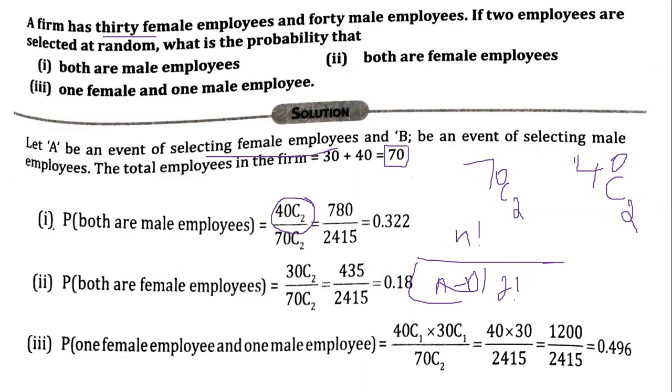When you use the formula again, n factorial divided by n minus r factorial into r factorial, that will give you 435 divided by 2415, which is 0.18. Now, will you be able to solve 30C2 and 70C2, or do you want me to do that also?